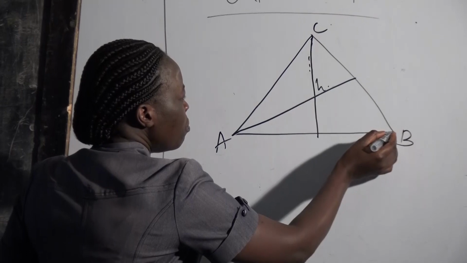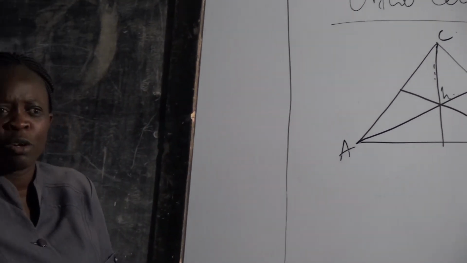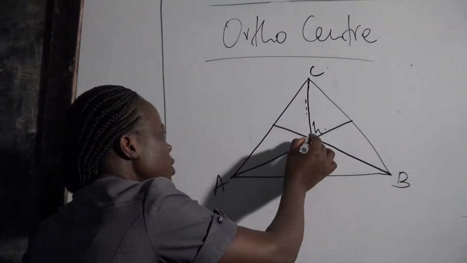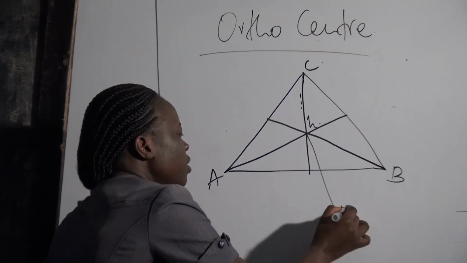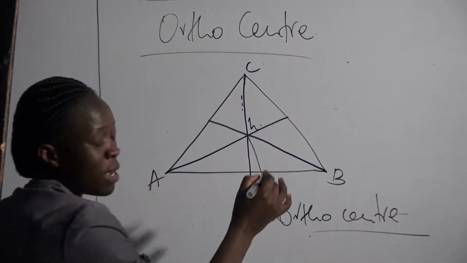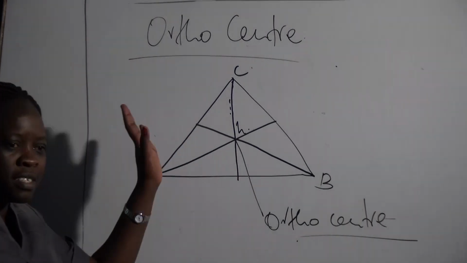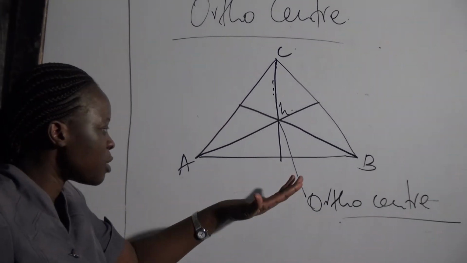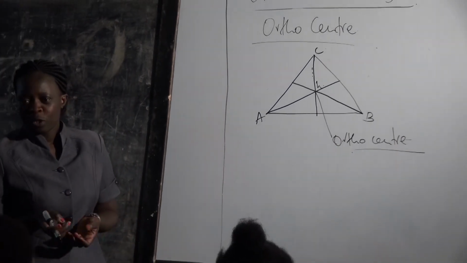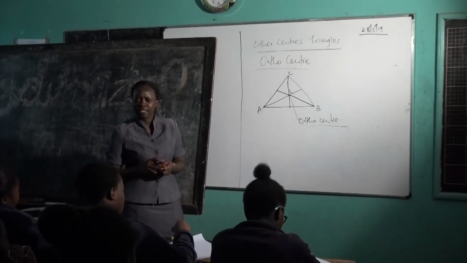If I draw from B to that point, can it be the height of the triangle? Yes. Are they meeting at a point? Yes. So this is what we call the orthocenter. But remember, we must construct, getting the altitudes from the vertices to the sides, and of course then we draw.